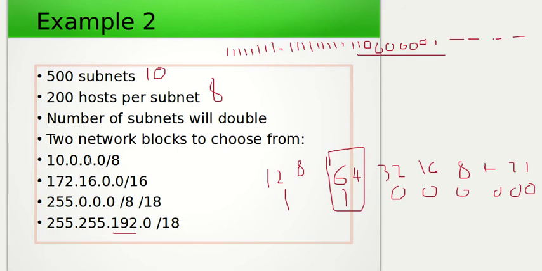It's very important that you understand this. When we're finding out the increment, we need to convert the last octet, which contains the subnet bits, to its binary equivalent, so that we can then find the increment for that octet. Very simple.